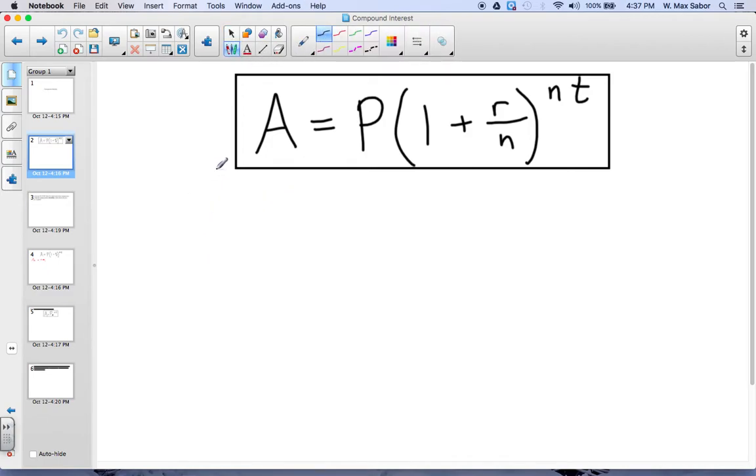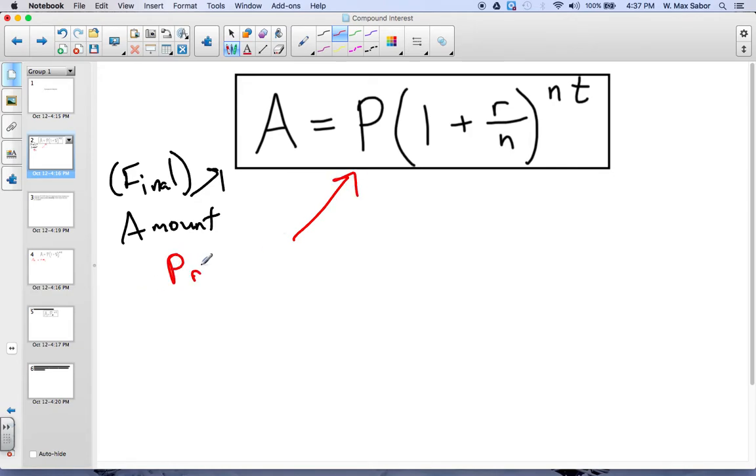A stands for amount, and you can think of it as the final amount. The final amount is based on the amount that you put in, obviously. So this is called the principal. That's the original amount.